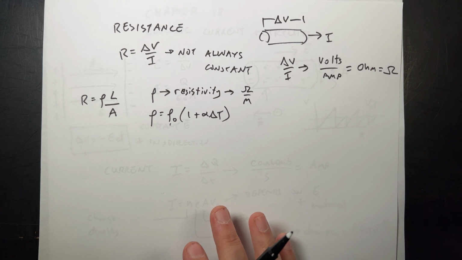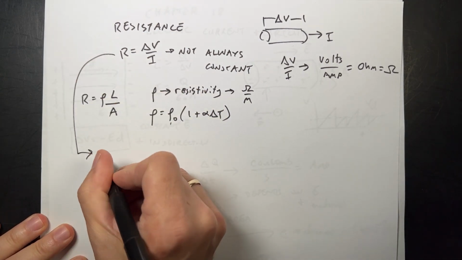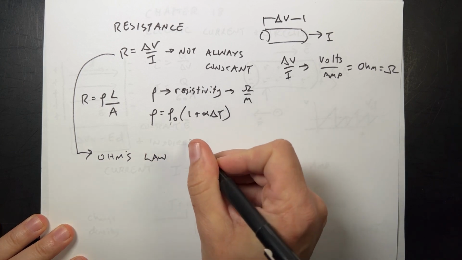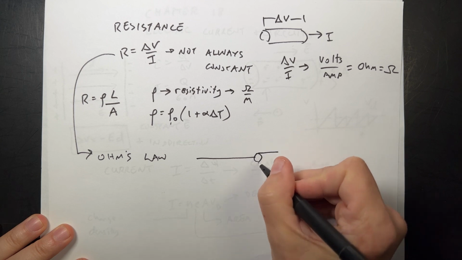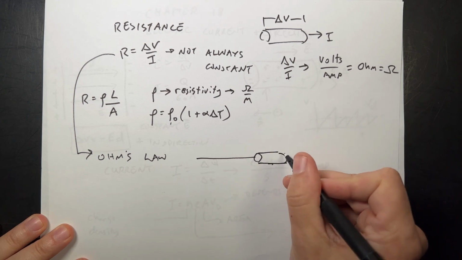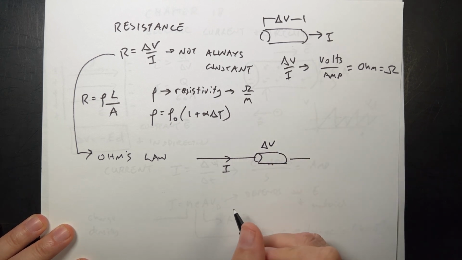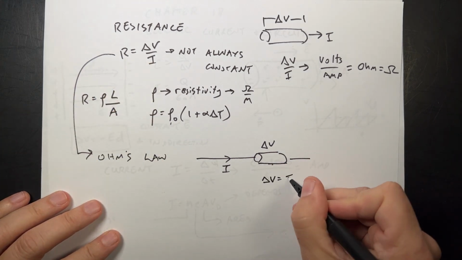Okay. Now we can get to one other version of this, which is called Ohm's law. This says that if I have some wire, with special wires connecting my wire, and I measure the current coming in, and I measure the delta V, then I can write this delta V as IR.